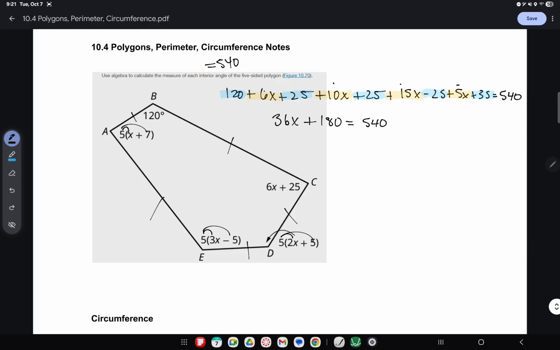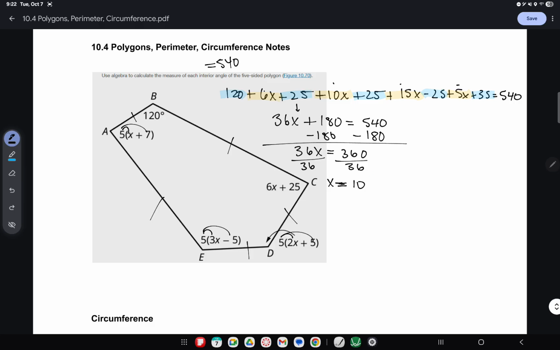So what I'm going to do now is I'm going to solve for x. So I need to subtract 180 from both sides. And let's see, 540 minus 180 is 360. And then I'll need to divide both sides by 36 so that x is 10.